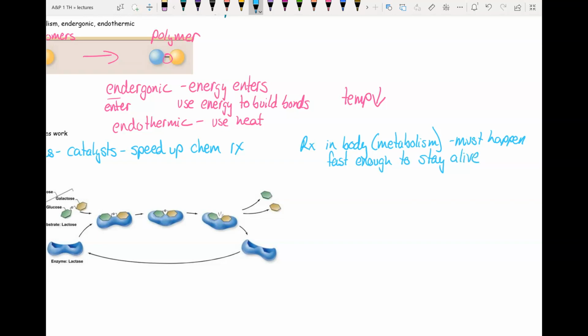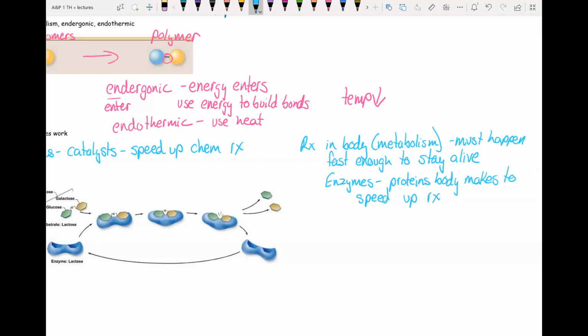So you have enzymes in your body. The enzymes make the reactions happen fast enough to keep you alive. So enzymes are proteins that your body makes. You make your own enzymes to speed up your reactions.